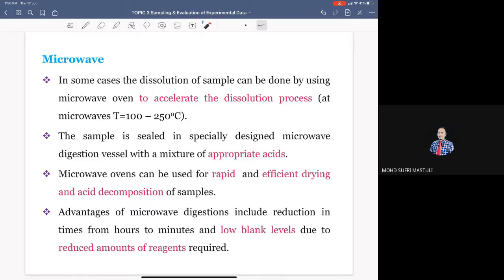So the microwave oven can be used for rapid and efficient drying and acid decomposition of sample. The advantages of microwave digestion are reduced etching time, and also a lower blank level due to the smaller amount of reagent required.